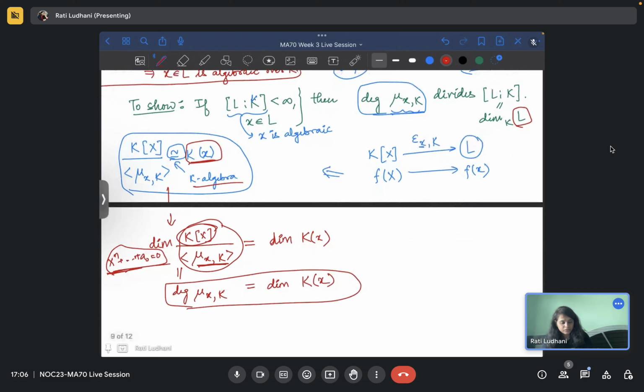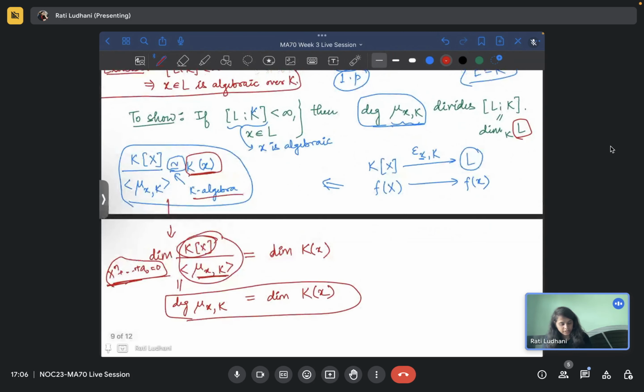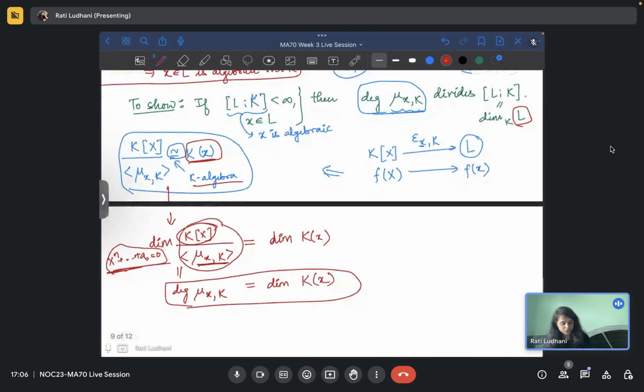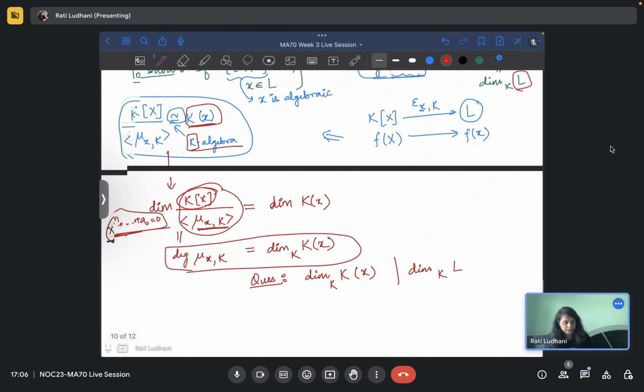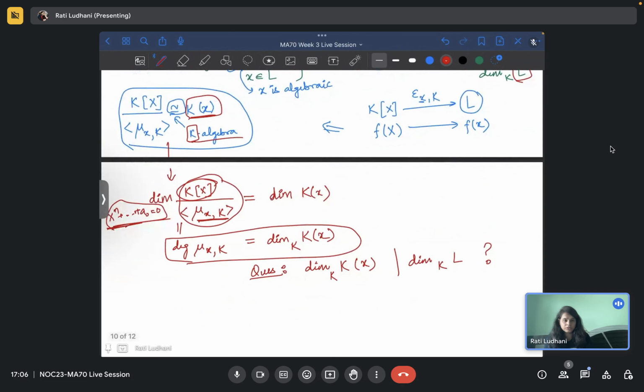Now the question is: does the dimension of K[x] over K, as a K vector space isomorphism, divide the dimension of L over K? Is this true, and how can we prove it?